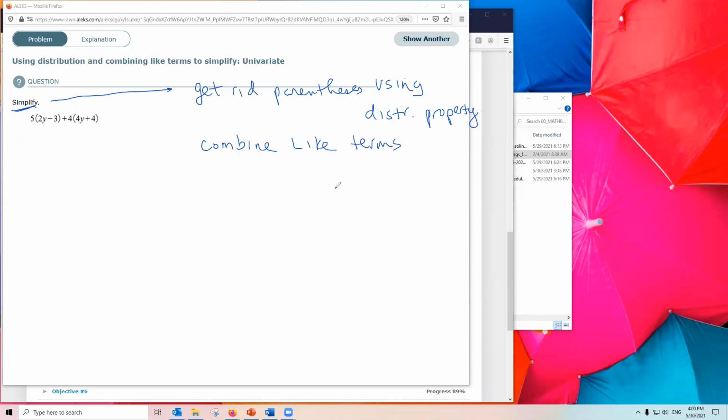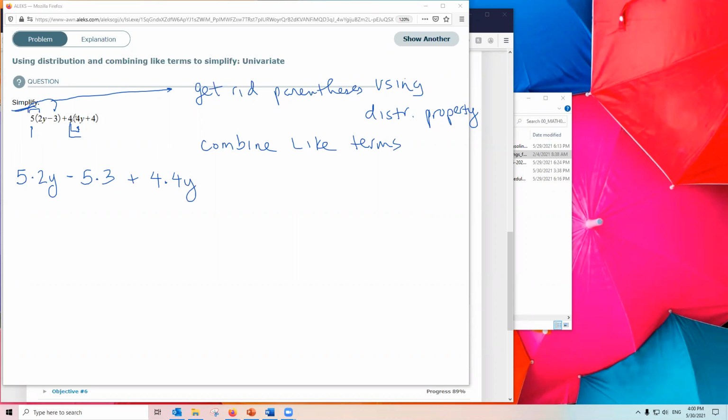All right, so let's do the first step. I'm going to take this 5 and let it multiply inside the parentheses. Now I'm going to write it out. I'm going to write as 5 multiplying 2y minus 5 multiplying 3. All right, I'm going to do the same thing in the back parenthesis because this 4 multiplies that 4y.